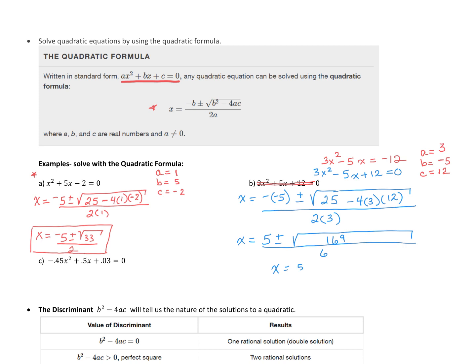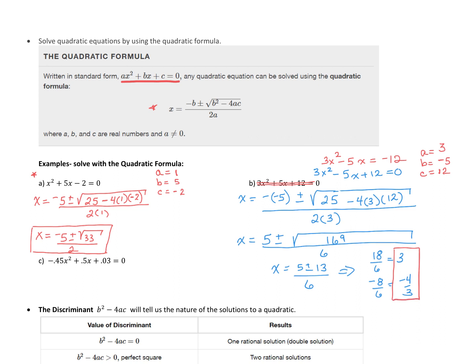I don't know if you noticed, but the square root of 169 is 13. So we're going to get 5 plus 13, 18 over 6, which is 3, and 5 minus 13, which is negative 8 over 6, or negative 4 thirds. So again, we get 2 answers.